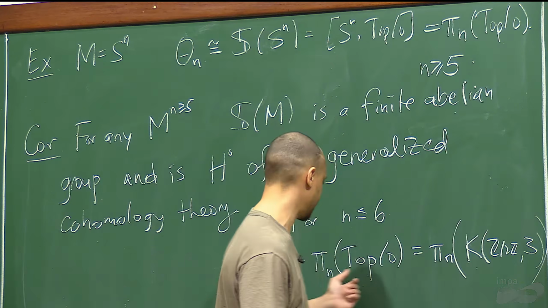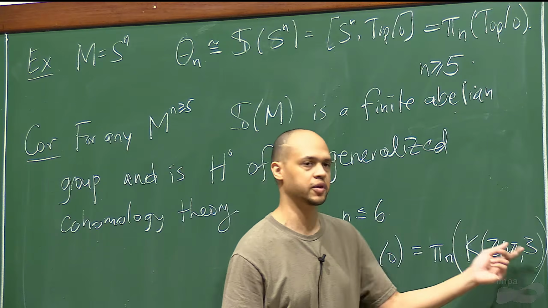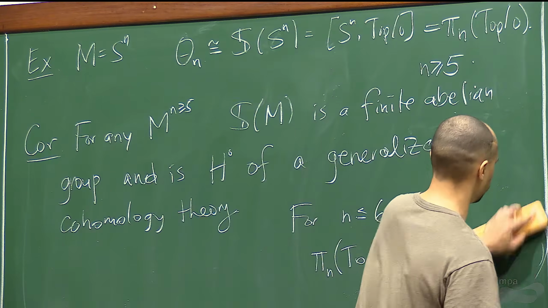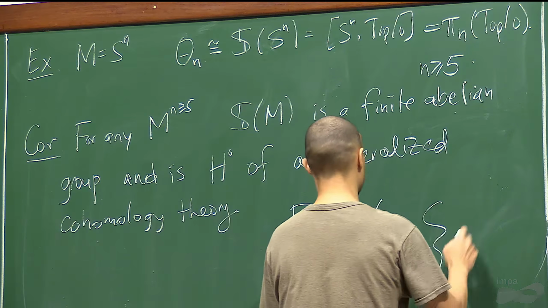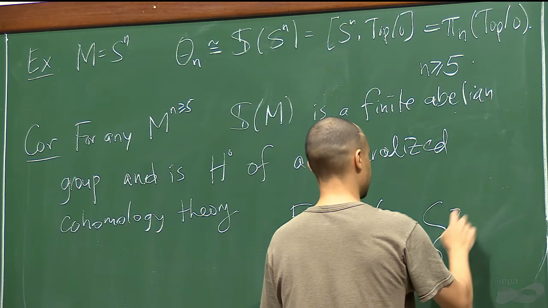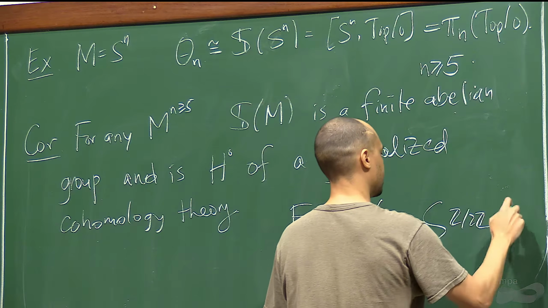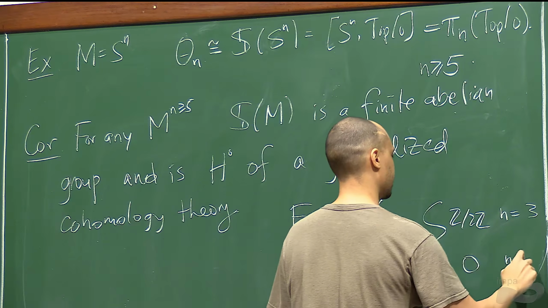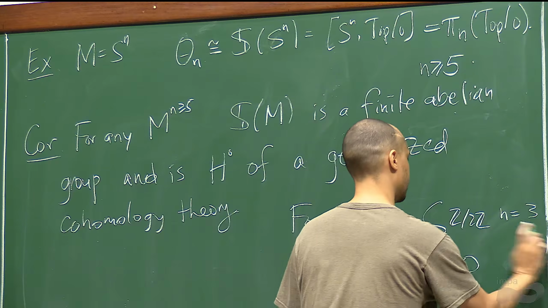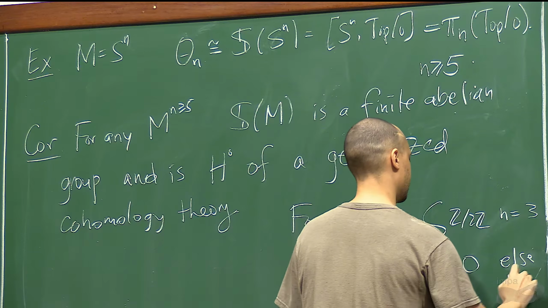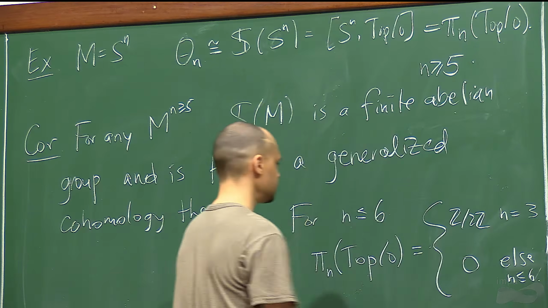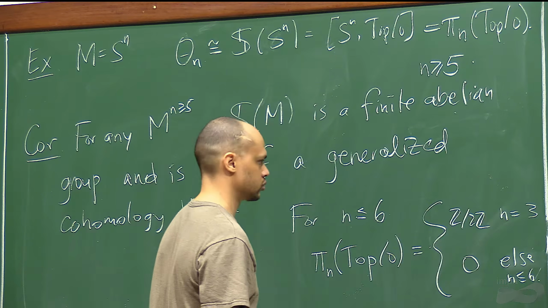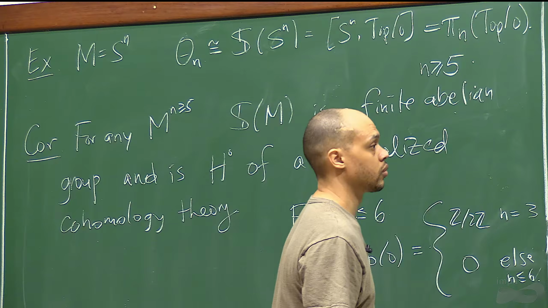But that's just to say they're all 0 except in degree 3, where it's Z/2Z. So it's Z/2Z for n equals 3, and 0 for n at most 6 otherwise. Okay, other questions?